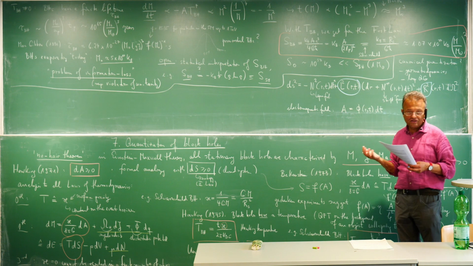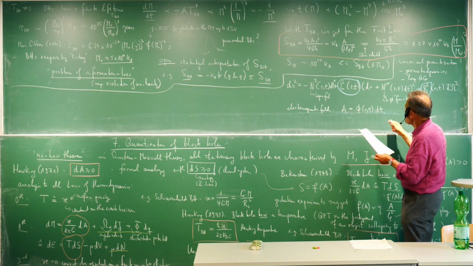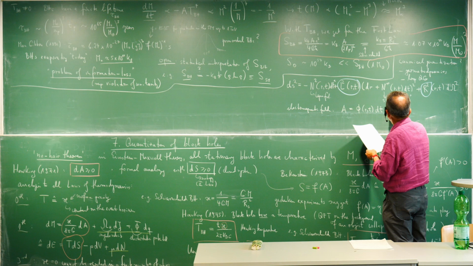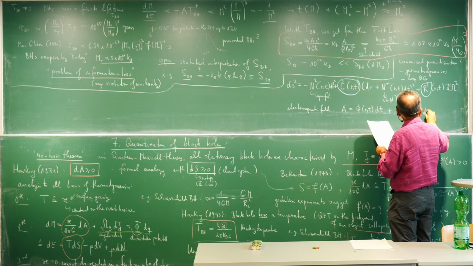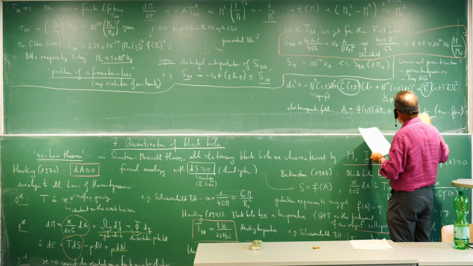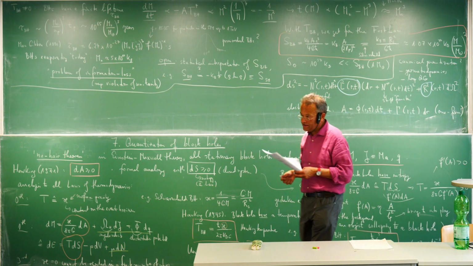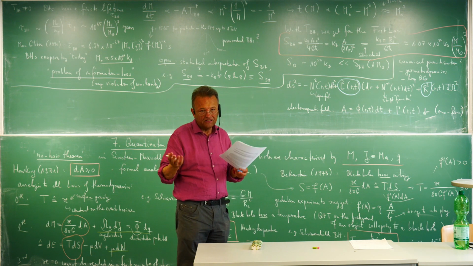In some gauge, like the Coulomb gauge, it's the electrostatic potential, the Coulomb potential. And then you have also a function, I call it gamma, in front of dr. So this is a 1-form for a spherically symmetric electromagnetic field. Of course, there are no waves here. It's just a static field.